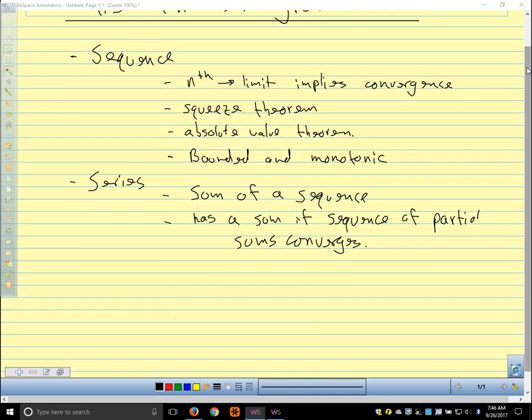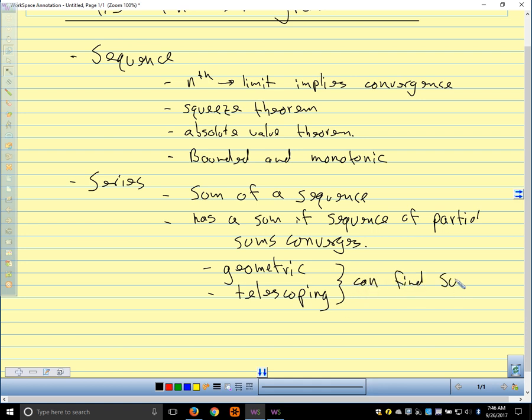And all of our tests are various tests that guarantee that the sequence of partial sums converges. We talked about some special kinds of series where we could find the sum. So we talked about geometric and telescoping. We can find the sum of these. We have a method to find the sum.